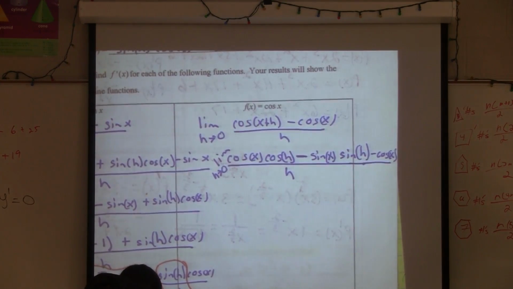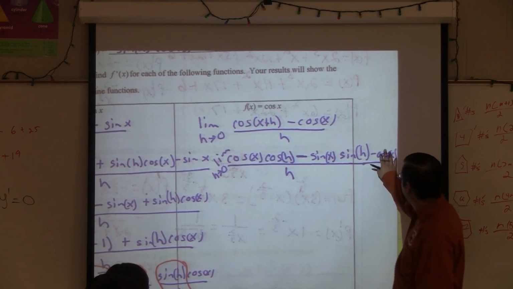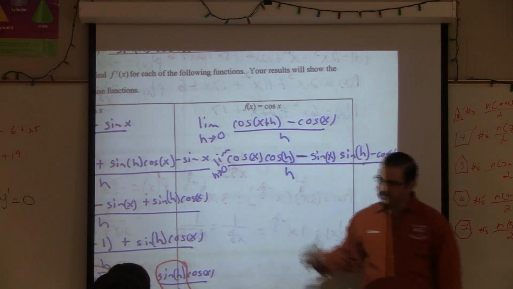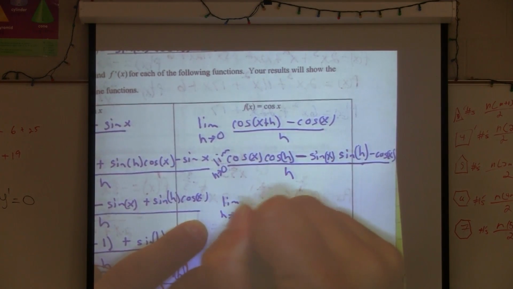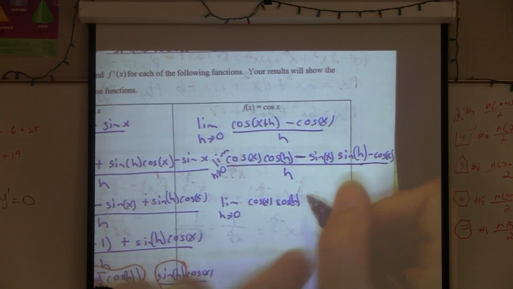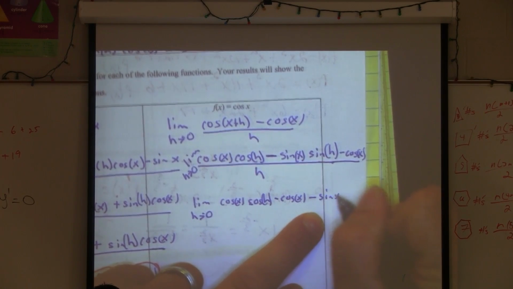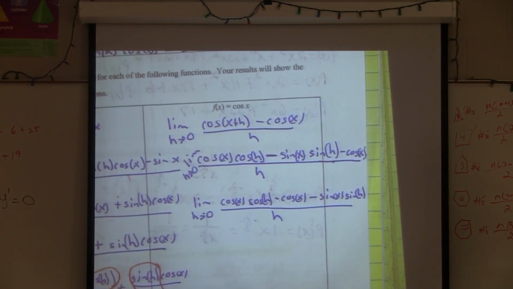How do you want to attack this one? Do the same thing, move the cosine of x like I did on the other one? Yeah. Why? That would get those two cosines of x together. Alright, let's do that. So we have the limit as h goes to 0 of cosine of x cosine of h, minus cosine of x, minus sine of x sine of h, all over h.